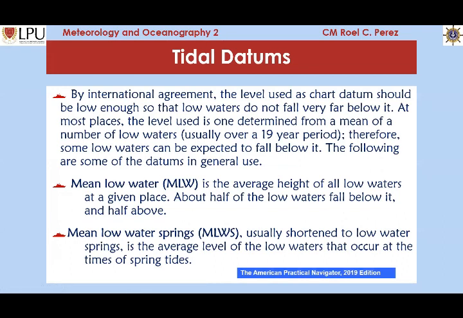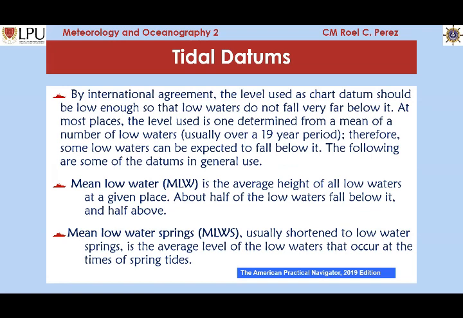Okay, by international agreement, the level used as chart datum should be low enough so that low waters do not fall very far below it. As much as possible, it should be the lowest, no, your tidal datum. But sometimes it is not the case.